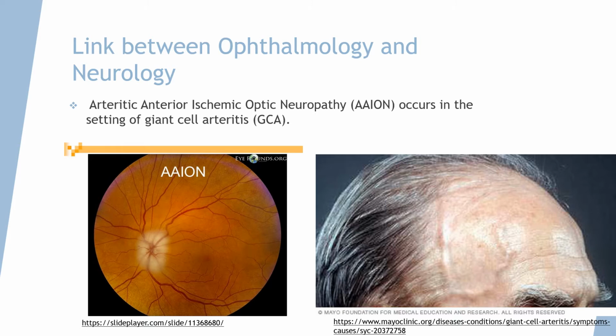Another link can be drawn between ophthalmology and neurology. GCA causes arteritic anterior ischemic optic neuropathy, or AAION. This is essentially an impairment in the optic nerve.